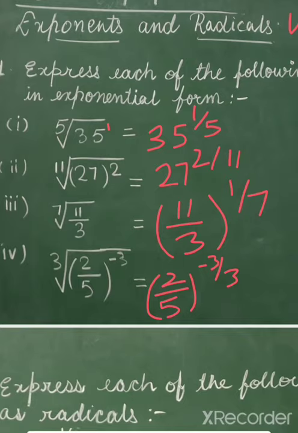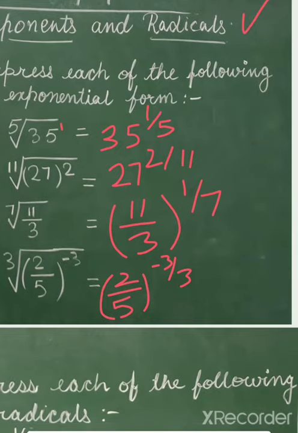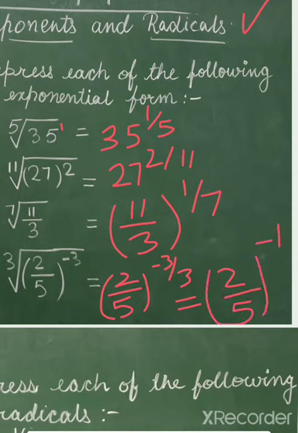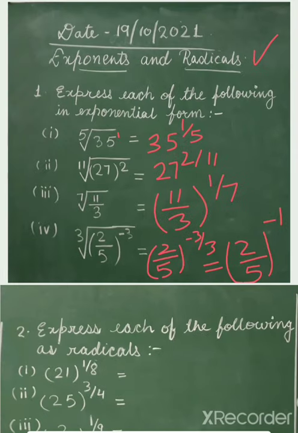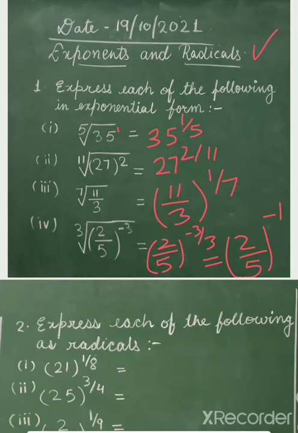So we divide 3 by 3, it will be 1. So finally we can write 2 by 5 to the power minus 1. So this is the answer. Similarly, you can write all the other questions, 5th, 6th, 7th, given in your book.